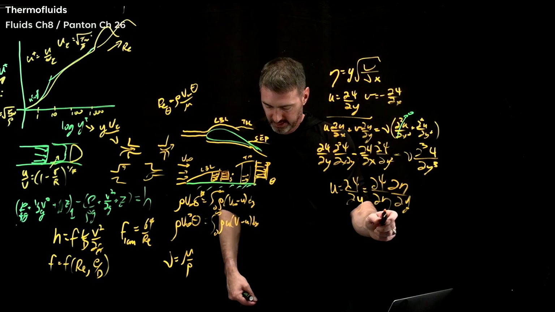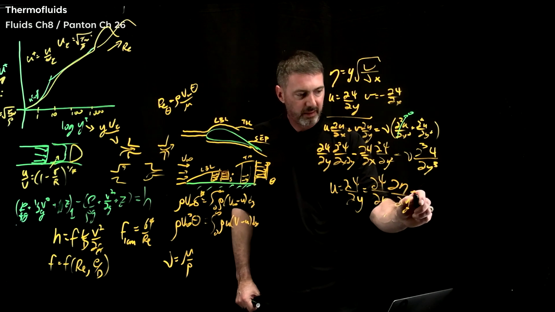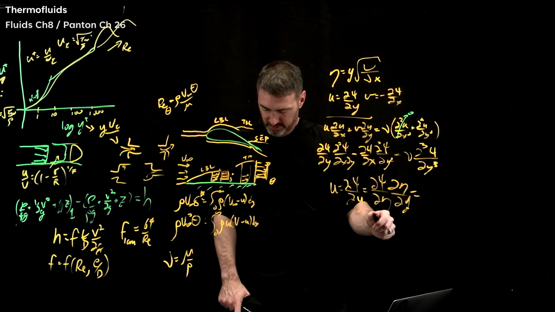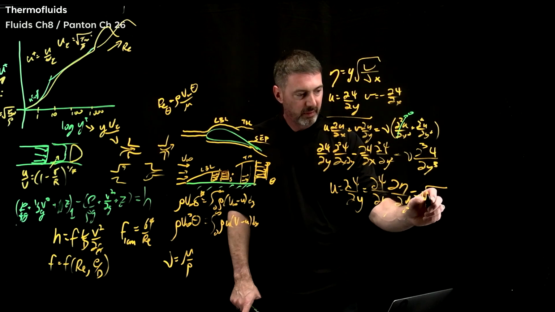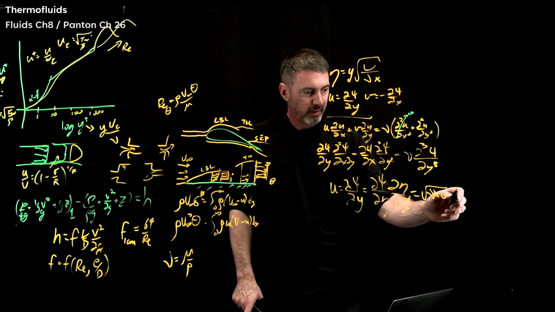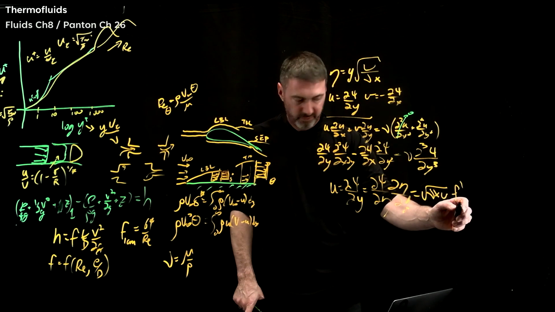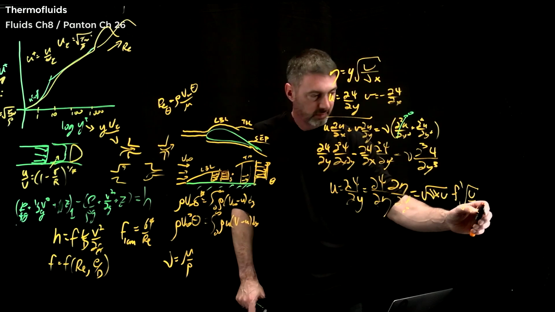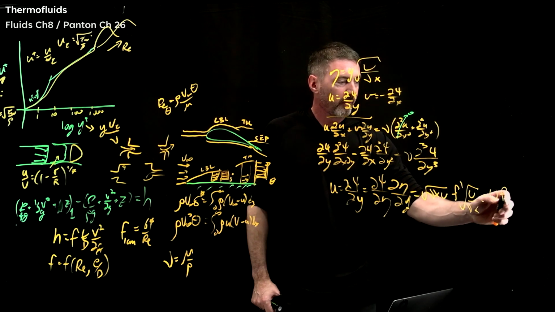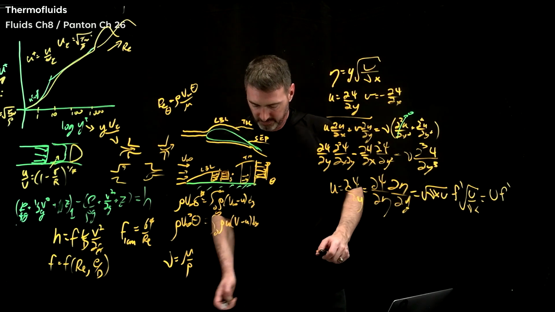Okay? And so if you do that math, then you'll end up seeing this is basically the square root of nu x u, and then we'll call f prime, and then u over nu x, which is then just u f prime. Okay.